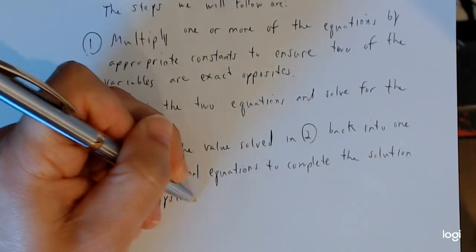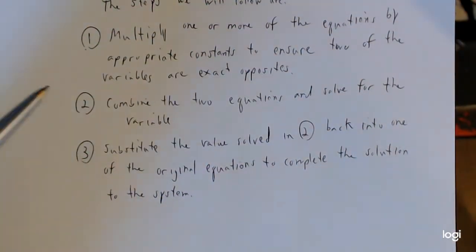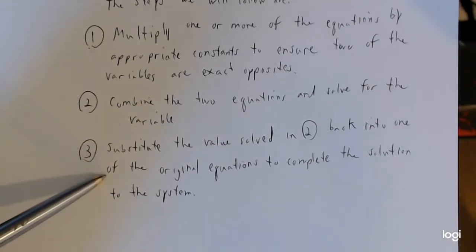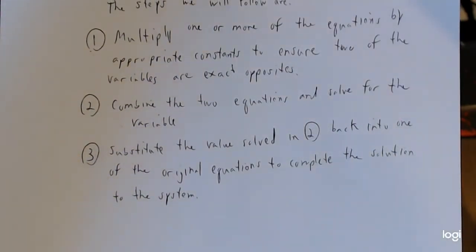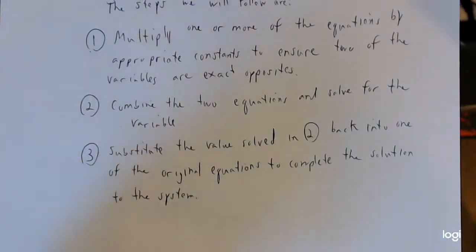So basically what we're saying is once you solve for one of the variables in step 2, then you can go back to any one of the two original equations. It doesn't matter which one. And then you just plug that in, substitute, and then find the other variable, and that'll complete the solution.